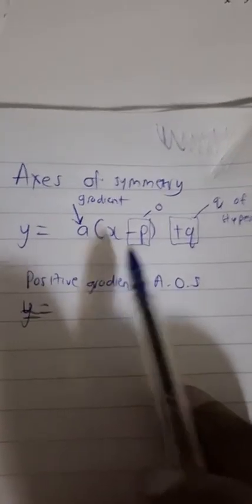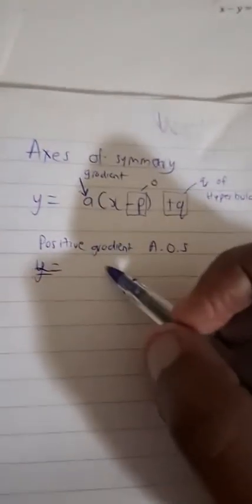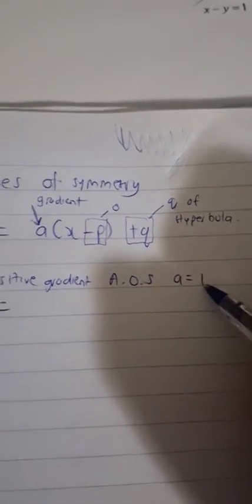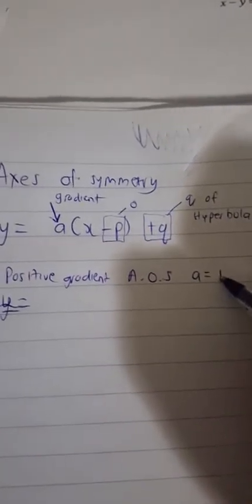Okay, so this is the template I'm talking about. So I'm just going to use that template then. Very, very simply put, I'm going to use that template. So remember, for the positive gradient axis of symmetry, what did I say? I said the gradient will be positive 1. It will always be positive 1. Okay, grade 10, 11, and 12, guys, it will always be positive 1.